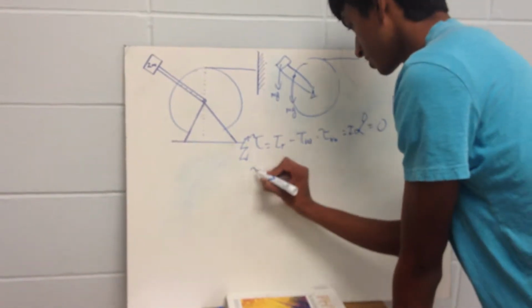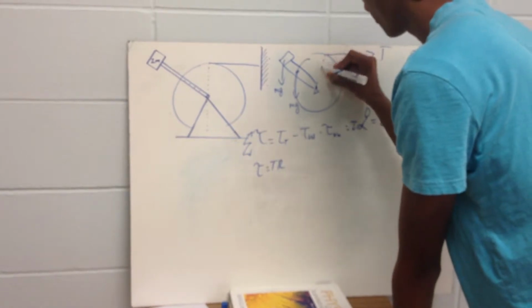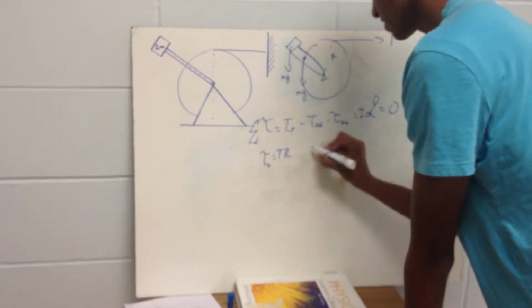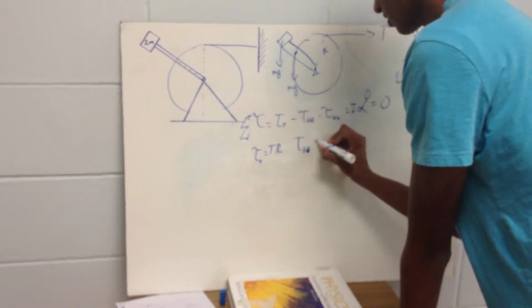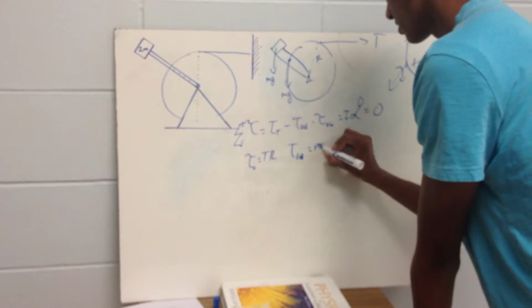So our torque of tension is going to be tension times the radius r, because it's r away from the center. Our torque of the rod is going to equal the weight of the rod, which is m times g.